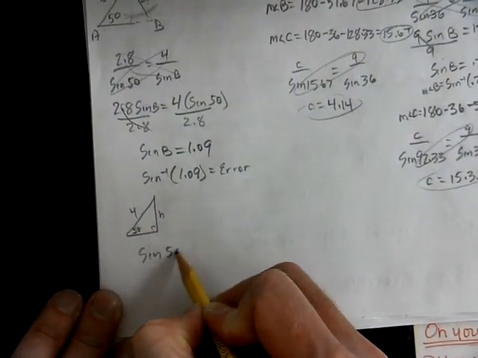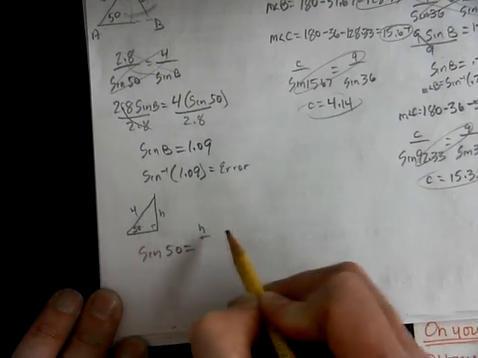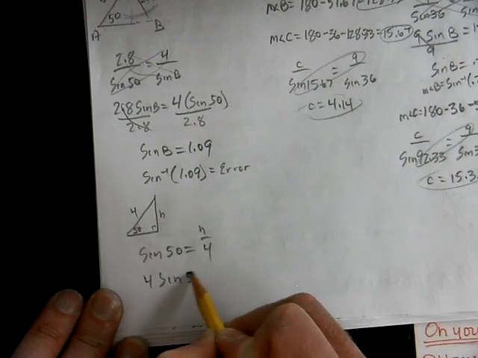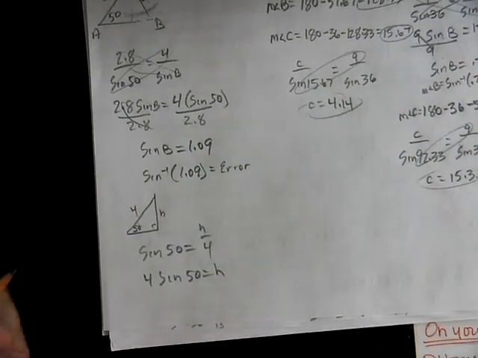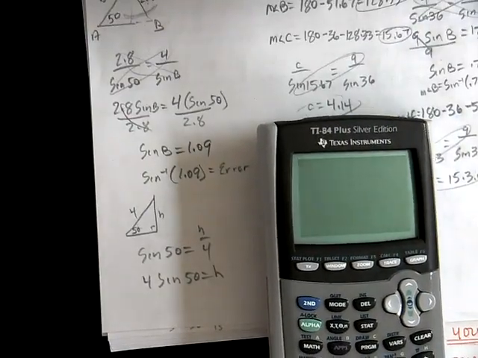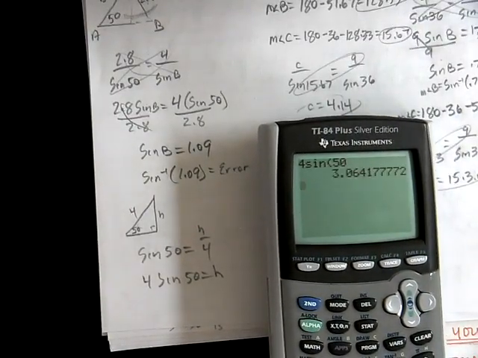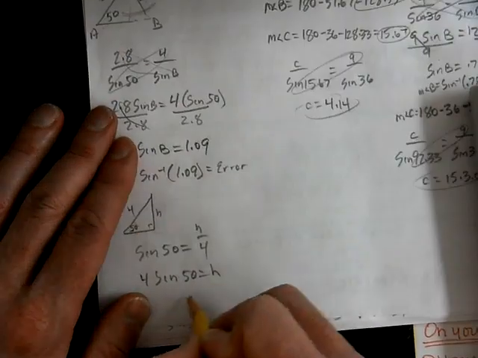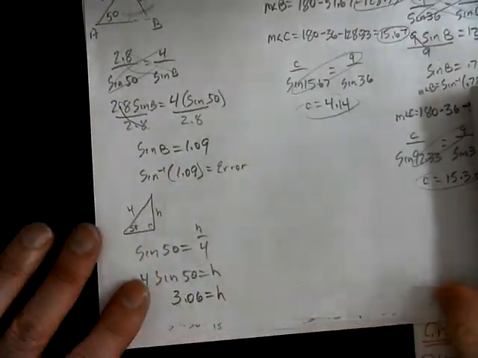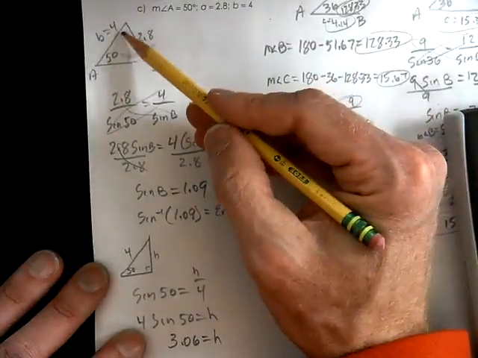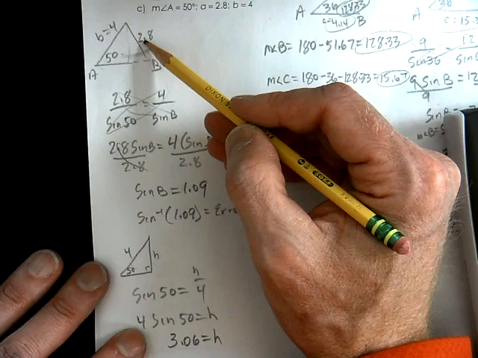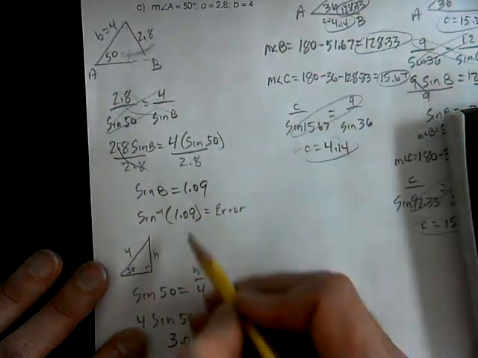So the sine of 50 equals opposite over hypotenuse, multiply by the 4. And we get 4 sine of 50, 3.06.